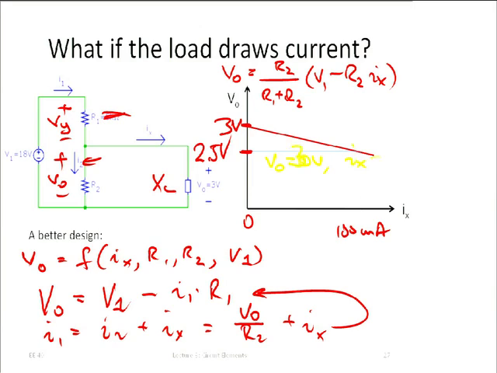And we know that V out of 2.5 volts corresponds to Ix equals 100 milliamps. So we can use this now and plug these values into the equation that we just derived.